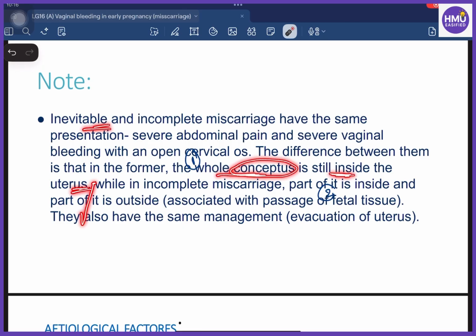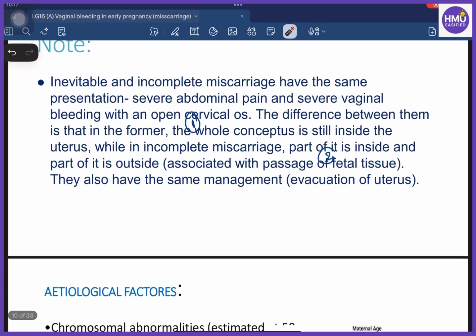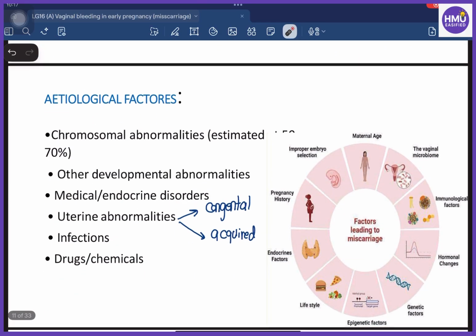In incomplete miscarriage, parts of it are inside and parts of it are outside, associated with passage of fetal tissue. In inevitable there is no passage of fetal tissue. And they also have the same management.